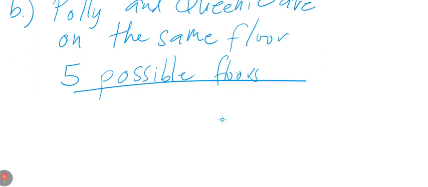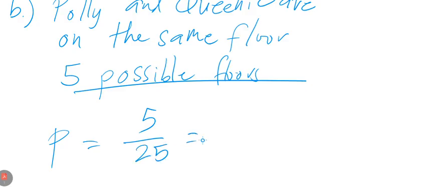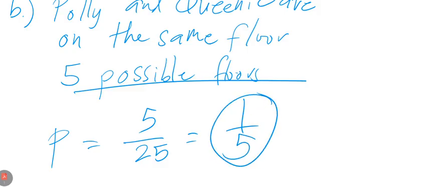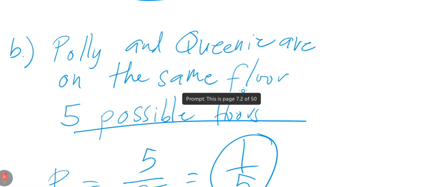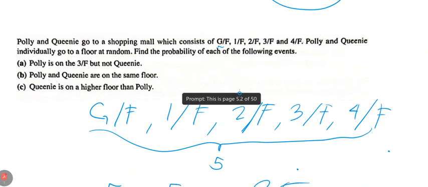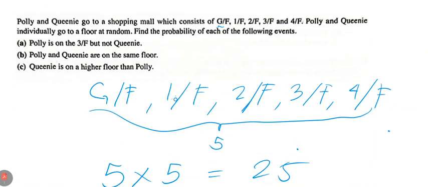Since we have 5 possible floors, the probability would be 5 out of 25, or 1 out of 5. So that's for B. Now for C's question, let's read it.